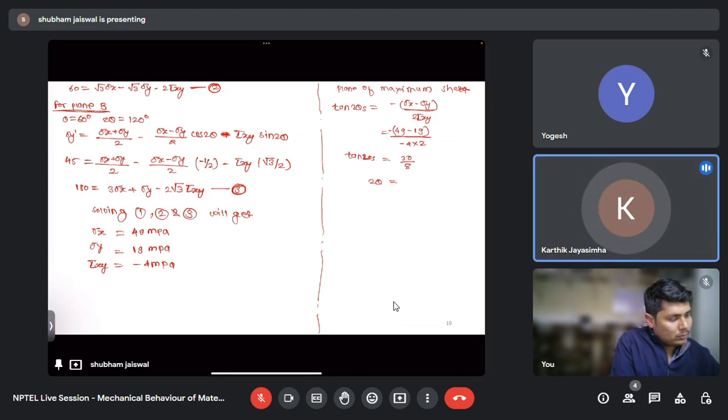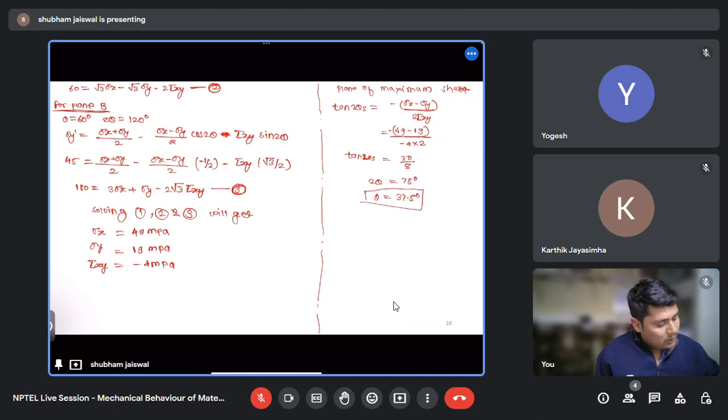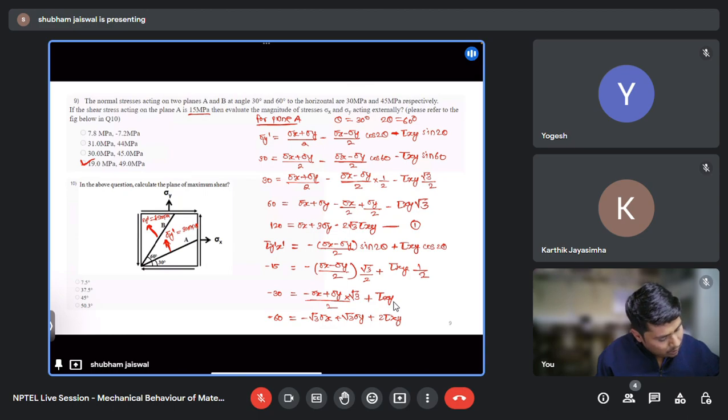According to the answer, that is 75. Half of it is 37.5. In my calculation, I did it wrongly. So it comes out to be 75 degrees, so theta comes out to be 37.5 degrees. So here the second option is correct.